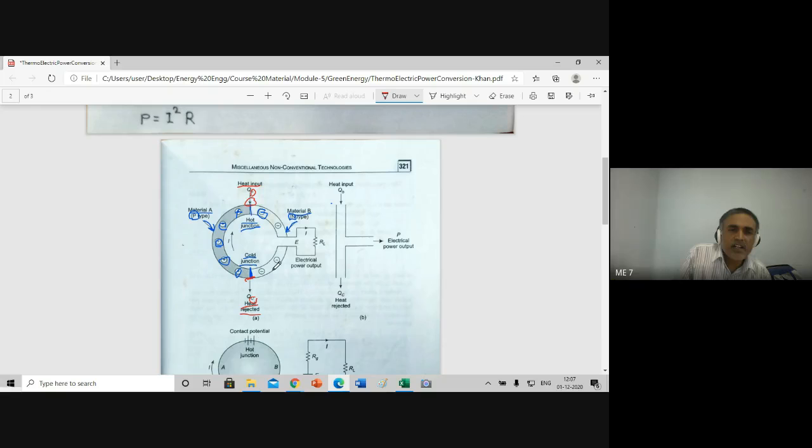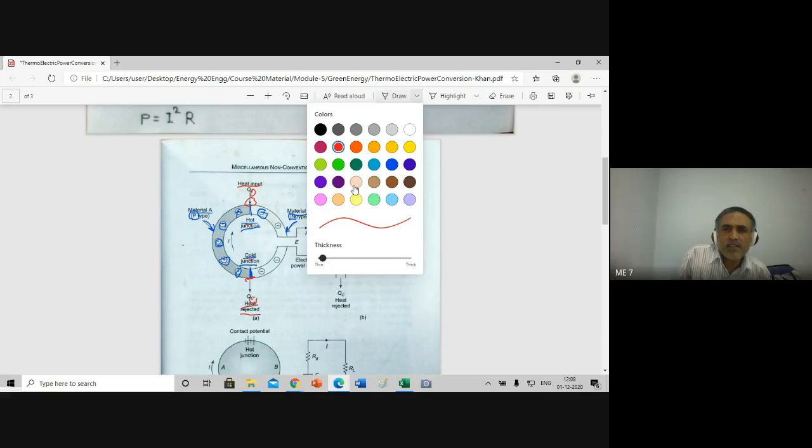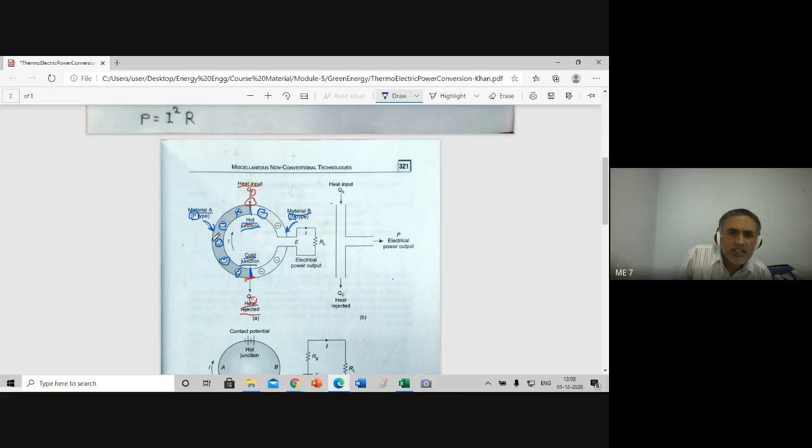Two wires are taken, joined at either end, one immersed in the hot junction and the other in the cold junction. Just by doing that, the electron carriers start moving in this direction, from hot junction to cold junction.